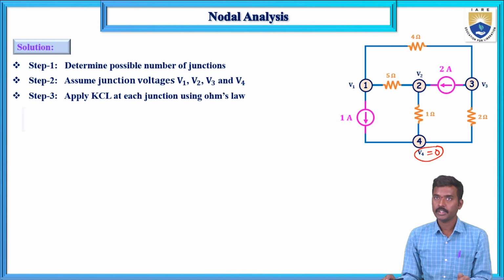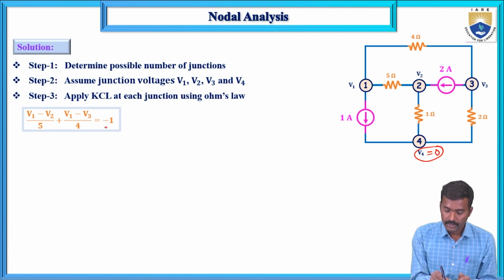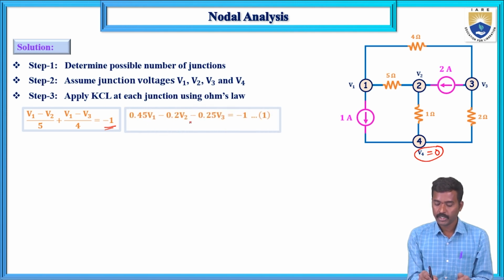Apply KCL at each junction. (V1 minus V2) by 5 and (V1 minus V3) by 4 is equal to minus 1. Here current is leaving the node. Next, 0.45 V1 minus 0.2 V2, next 0.25 V3 is equal to minus 1.